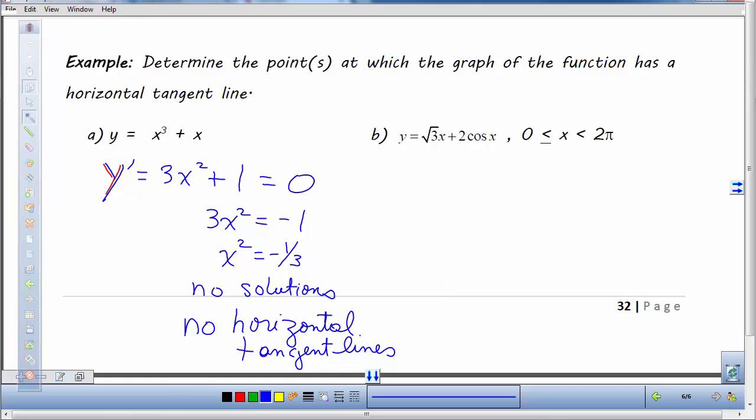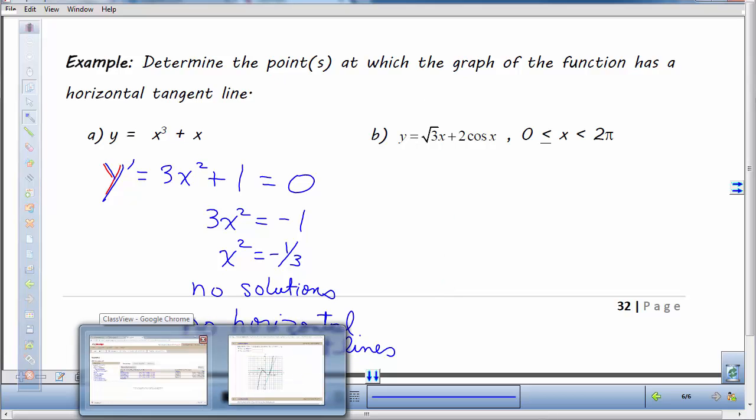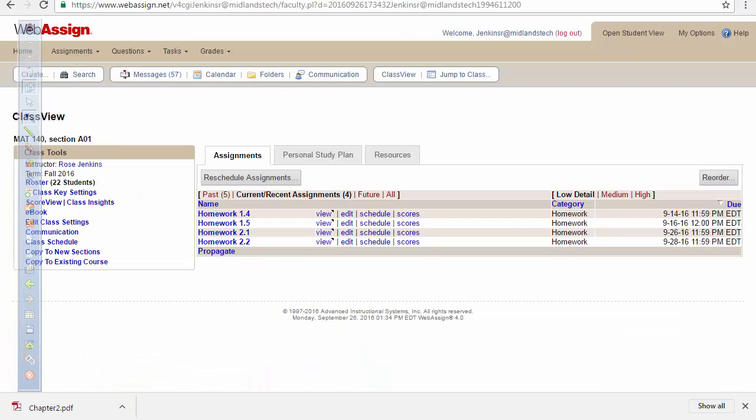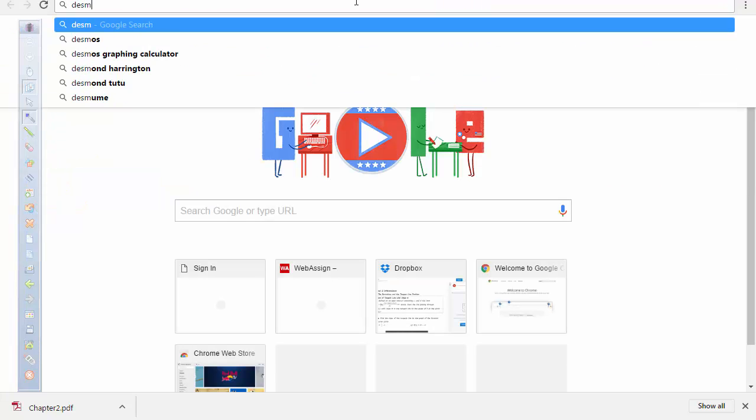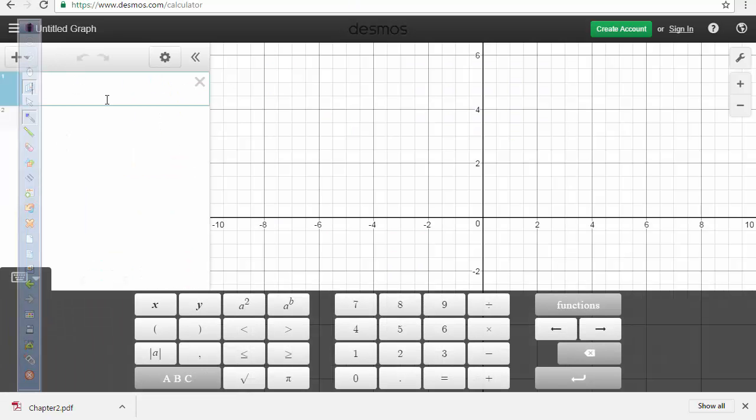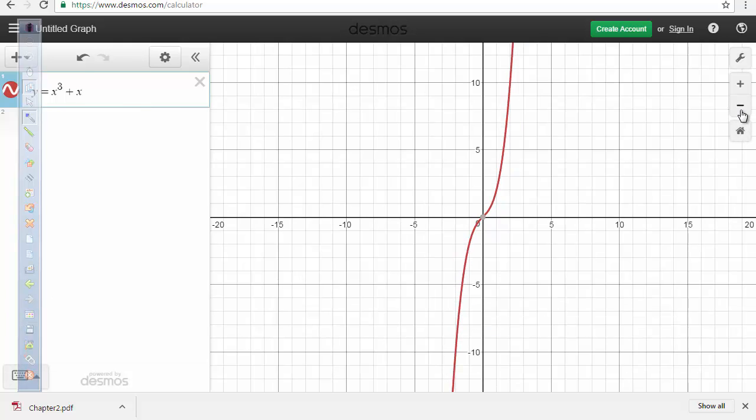Here we've got x cubed plus x. So let's see. Here's our graph.